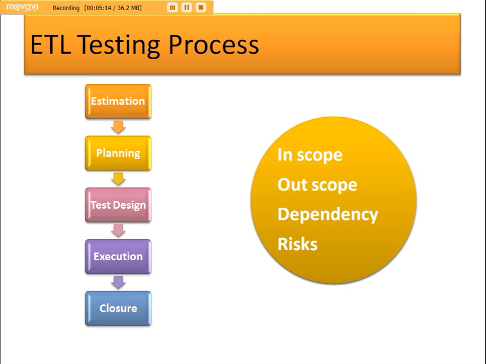In that case, we'll be considering data load and data correctness testing between staging and data warehouse, and the other items, source to staging and data warehouse to report or web services testing, will be out of scope for us. The dependency would be that we need to have the test data available in the staging database for our staging to data warehouse testing. And there are multiple types of risk: test data unavailability, volume of test data, and tester unavailability, likewise.